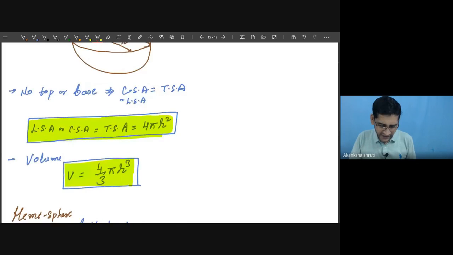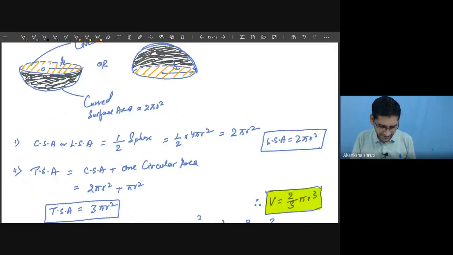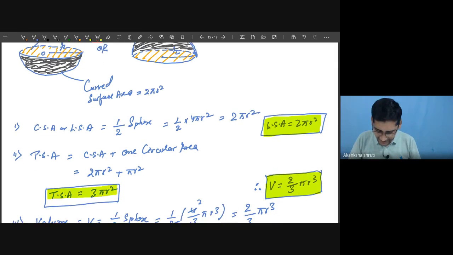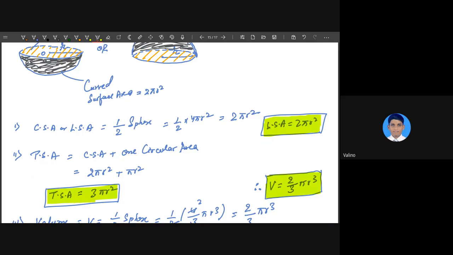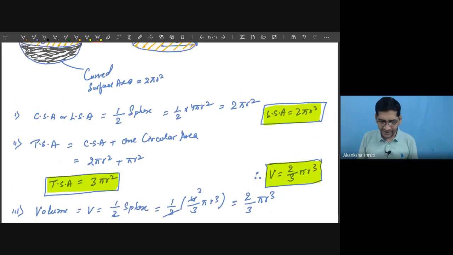Another notable point: LSA and CSA for the complete sphere is 4 pi r square, but for the hemisphere, its curved surface area or lateral surface area is half of that of the sphere, so it becomes 2 pi r square. But total surface area is 3 pi r square. So these things we need to keep in mind.